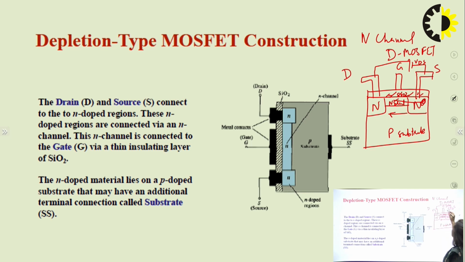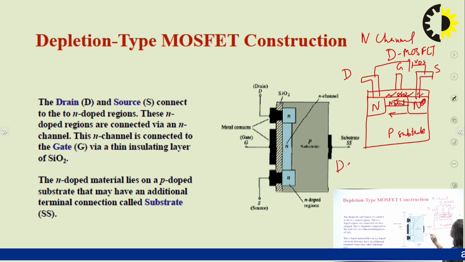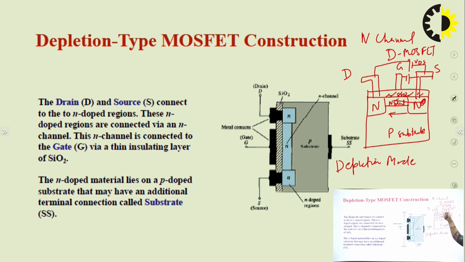So if we are making it in depletion mode, what we will do is connect the gate G with the negative supply and the source with the positive supply. If we connect the gate with the negative supply, it means there will be a negative charge here.